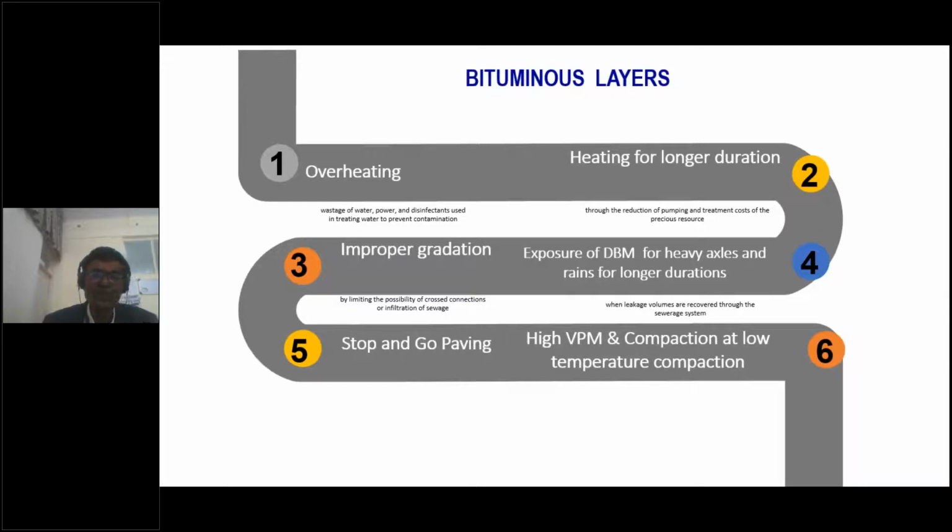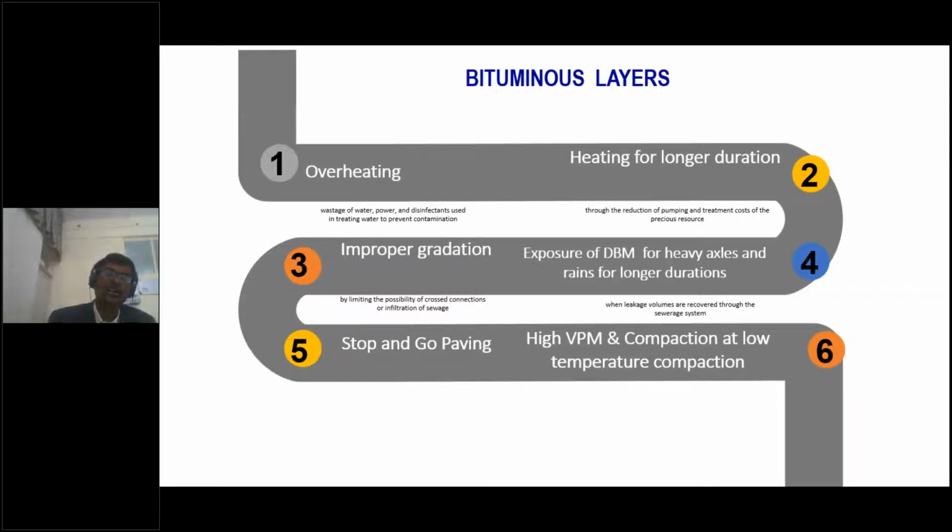Whether it is concrete paving, PQC paving, or asphalt bituminous paving, the moment we stop the paving, we get a weak plane, a weak spot. So ideally speaking, once we start the paver, we should not stop it. Only then do we get uniform quality, a good product, good performance and everything. The moment we stop, we are creating a weak plane.